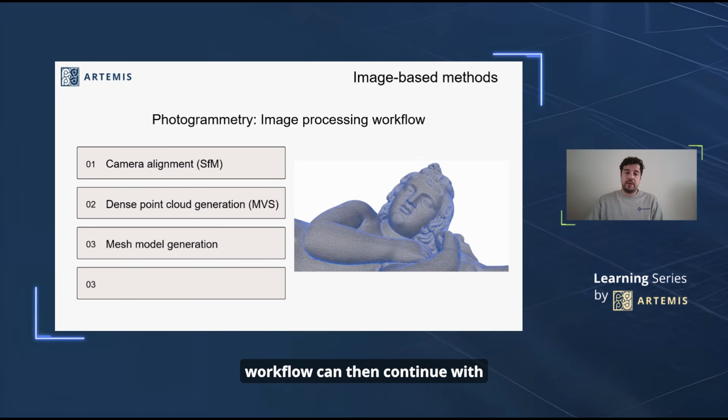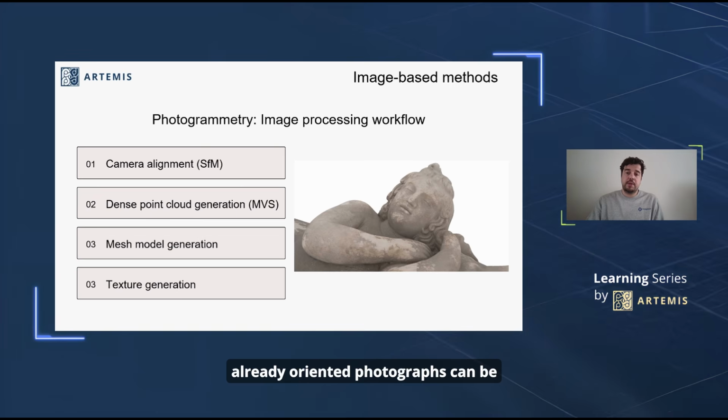The workflow can then continue with the generation of a continuous surface, known as a triangulated mesh. Depending on the software and the chosen processing path, the mesh can be built either from the depth maps or from the dense point cloud. Once the model has been generated, the already-oriented photographs can be projected onto it to obtain an applied texture.